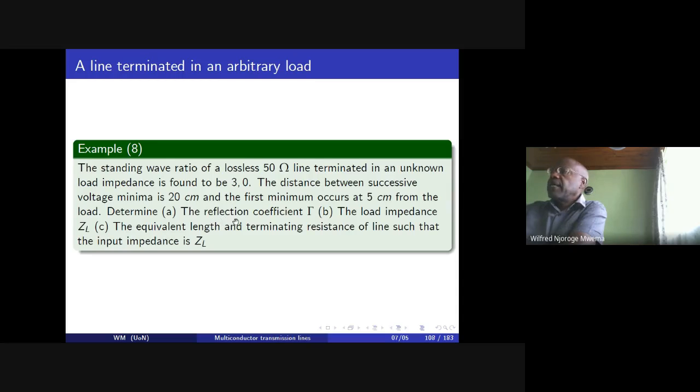Determine A, the reflection coefficient gamma, B, the load impedance Zn, and C, the equivalent length and terminating resistance of a line such that the input impedance is exactly going to be equal to Zn. In other words, all we are looking for is Lm and Rm, such that when we terminate that Lm length of line with the Rm that we choose, it is going to give us a value of Zn.